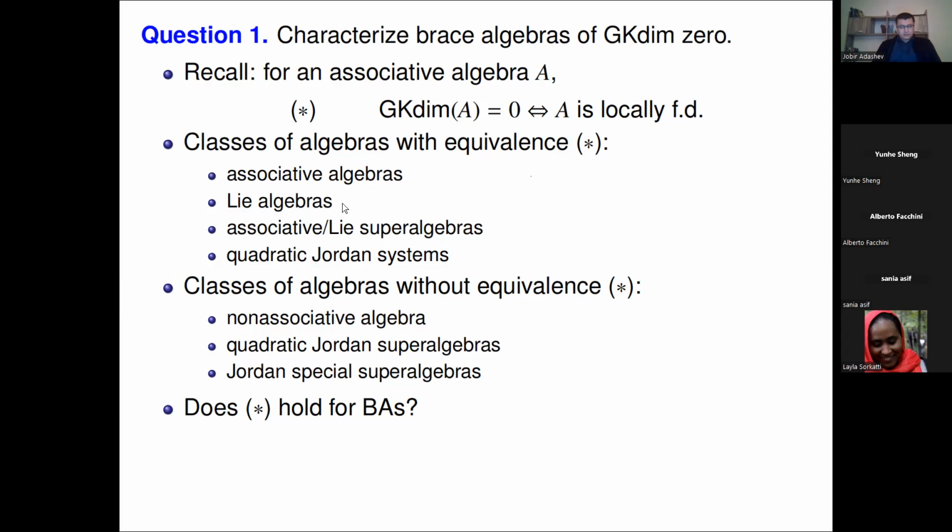And for associative superalgebras or Lie superalgebras, quadratic Jordan systems. But we also know that for some classes, star does not hold, for example, for classes of non-associative algebras.